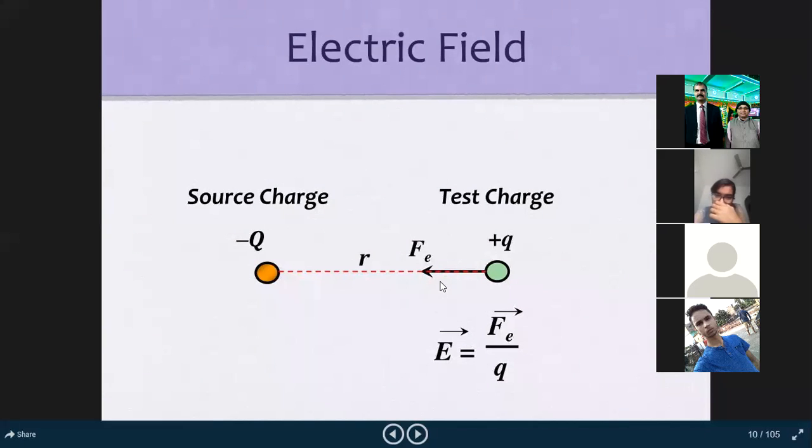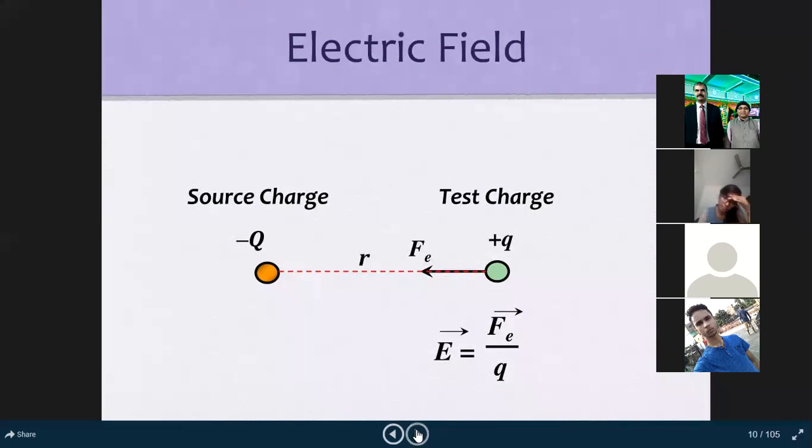So this source charge will attract the test charge in this direction with the same intensity of force, that is Fe. In this case, the electric field will be represented by the same formula, Fe upon q. But the difference is that in the previous case, the direction of the electric field was outward from the source charge, but in this case the direction of the electric field will be towards the source charge itself.